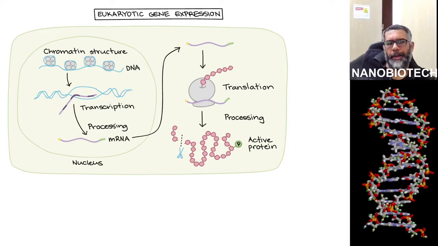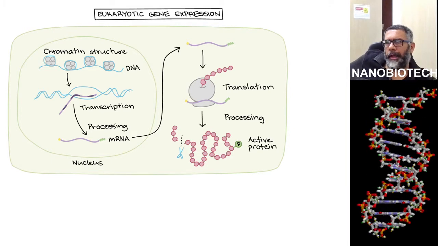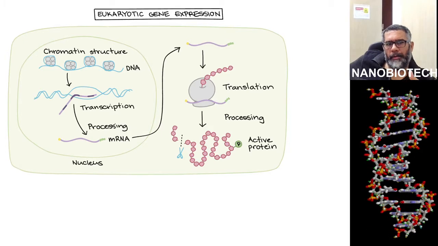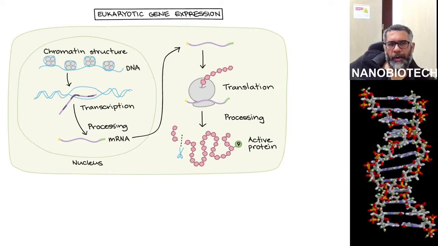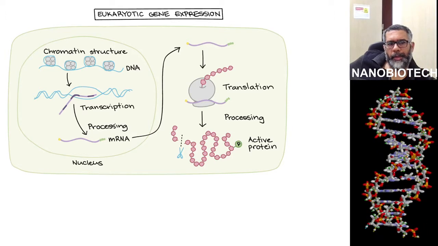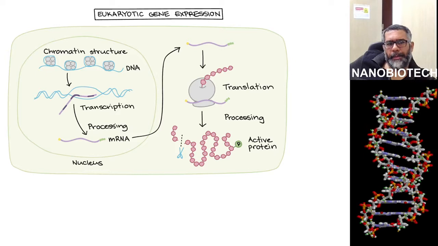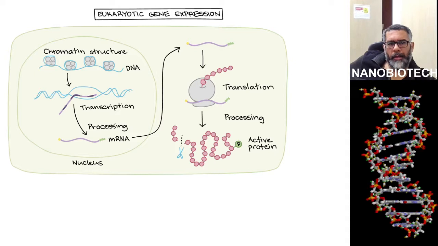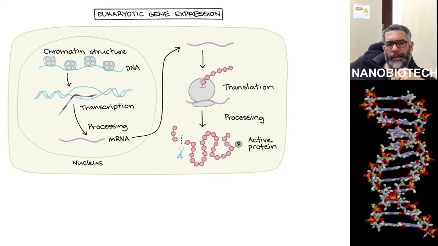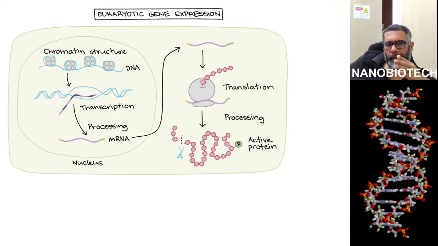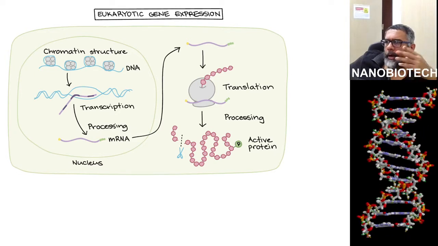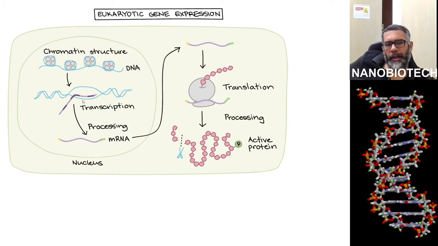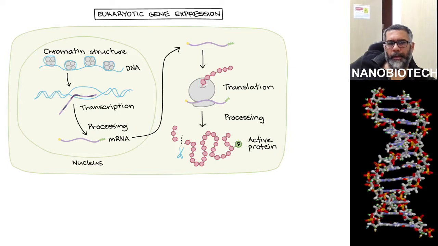So eukaryotic gene expression can be regulated at many stages. In the articles that follow, I will examine different forms of eukaryotic gene regulation. That is, we'll see how the expression of genes in eukaryotes like us can be controlled at various stages, from the availability of DNA to the production of mRNAs, to the translation and processing of proteins.